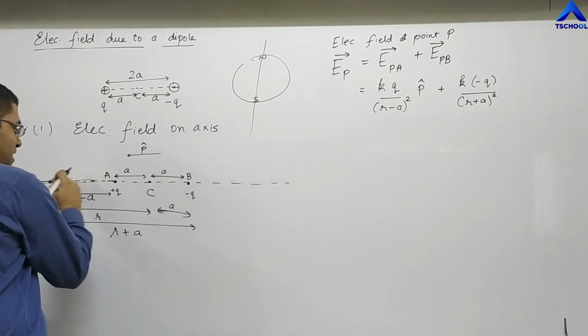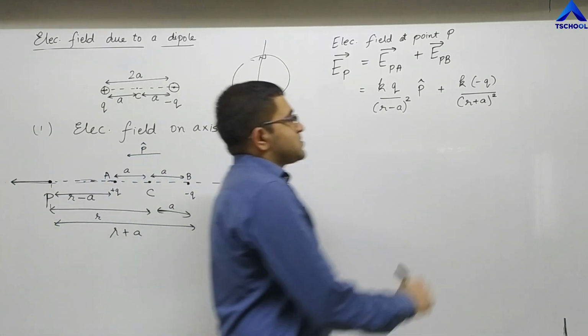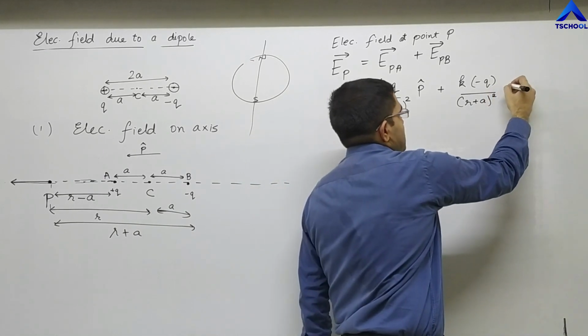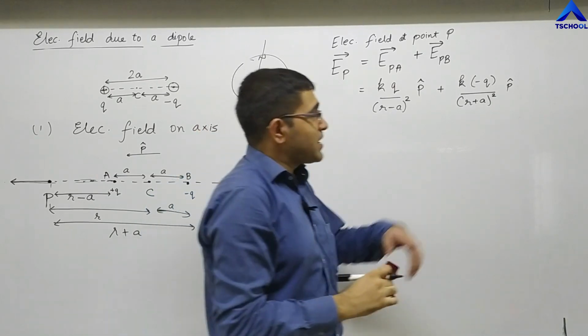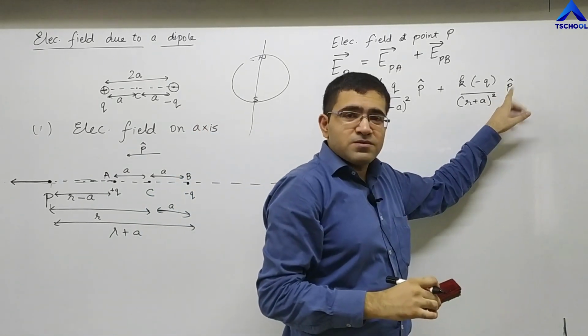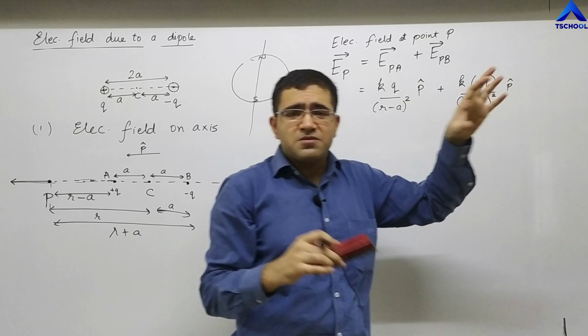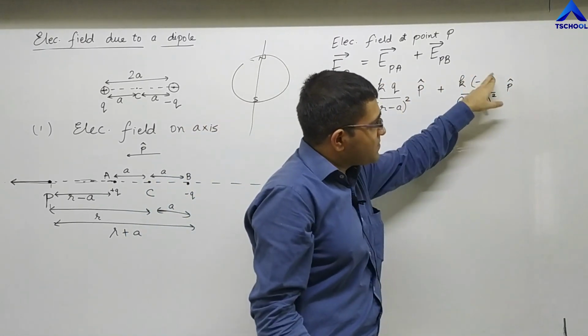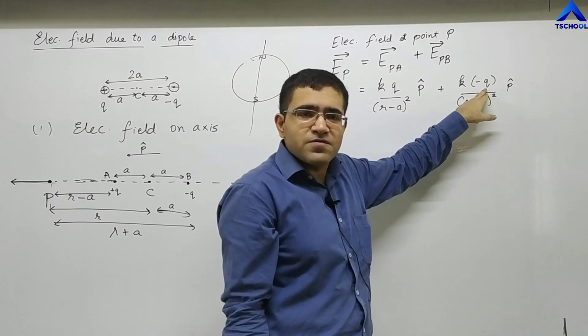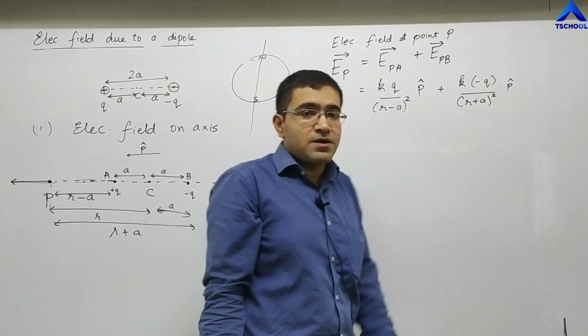So again going away in this direction, that's why we should write p hat. Be very careful. Do not write minus p hat over here just because it's a negative charge. The definition or the expression does not change. We have already taken care of the fact that the charge is negative. Don't use it again.